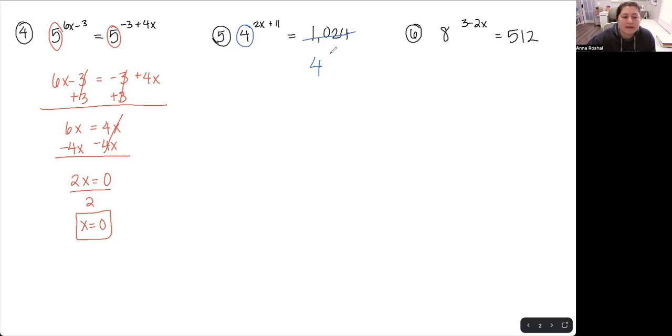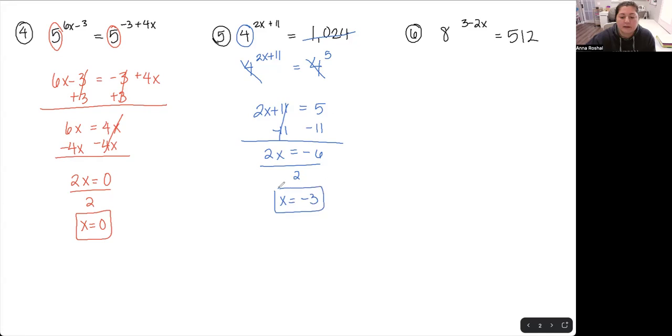But now that I know that this is 4 to the 5th, I can go in and compare this 4 to the 5th and 4 to the 2x plus 11. So now that I have the same base, my bases will kind of cancel each other out. And I'm going to be left with this two-step equation, and I can solve that, okay? So I'm left with 2x is negative 6, divide by 2, x is negative 3.